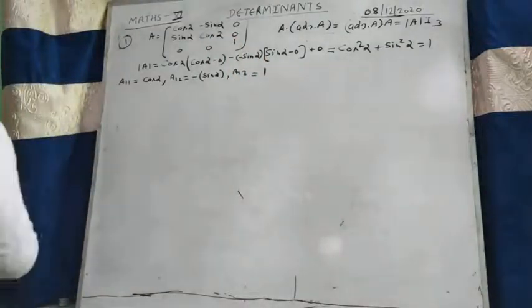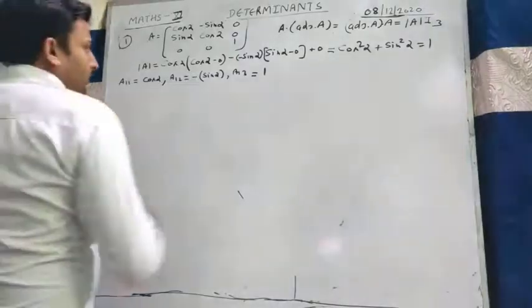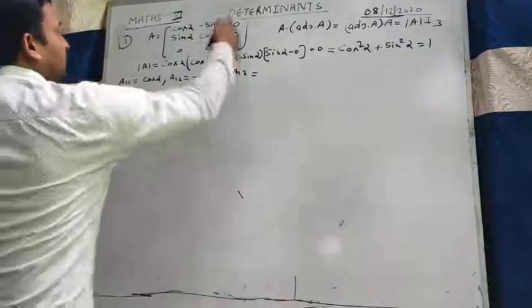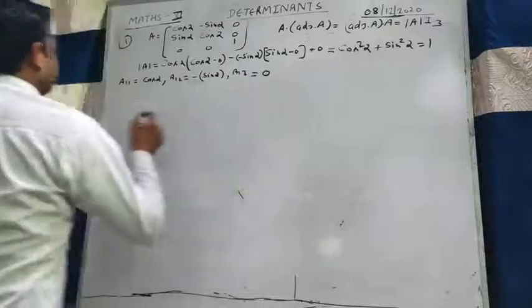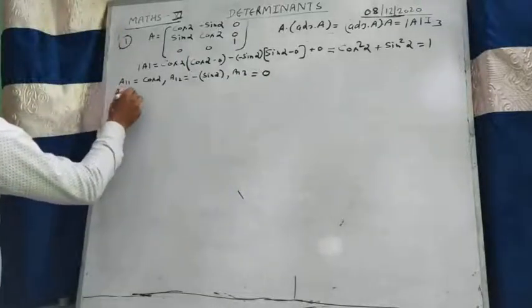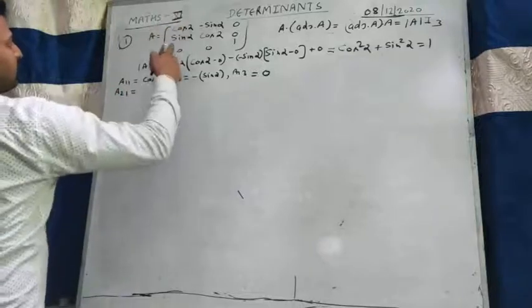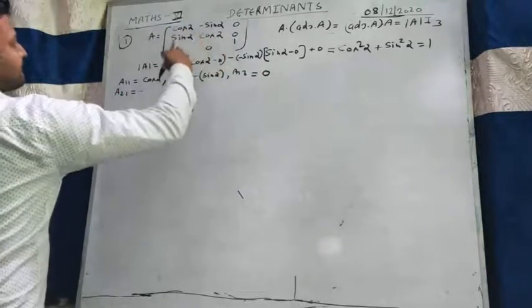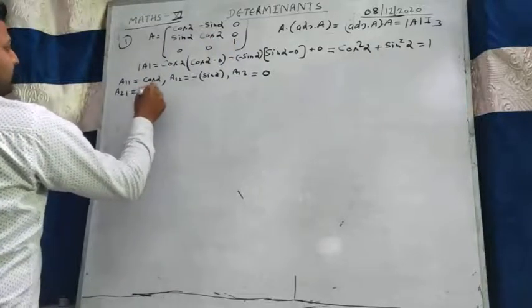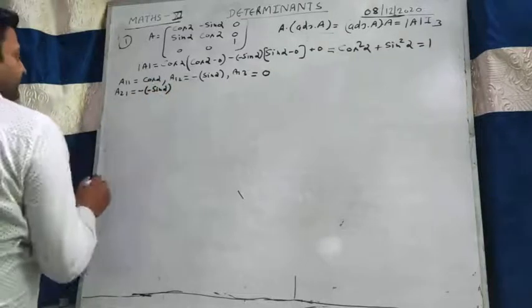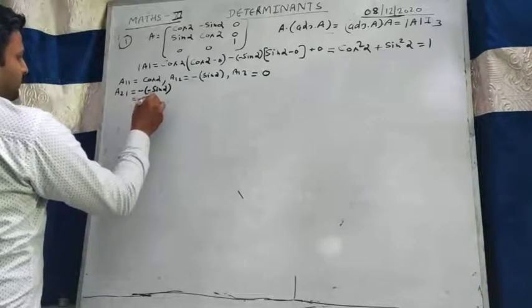Okay, so it will be what? This cancels and this cancels, so it will be 0. Now A21 is what? With negative sign, this cancels and this cancels, so minus sin alpha minus 0, so it will be plus sin alpha.